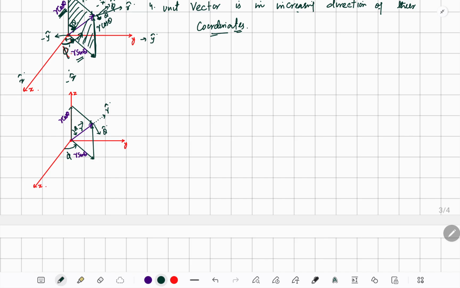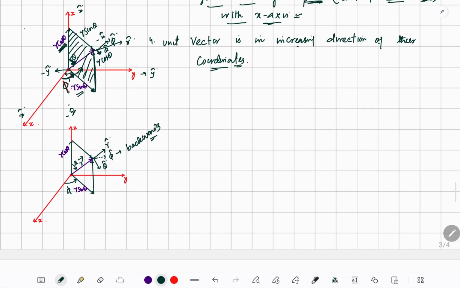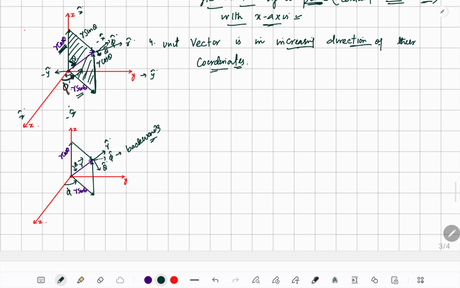So this is the phi cap direction, but remember, this phi cap is actually backwards. This is what I mean by unit vectors being in the increasing direction of their coordinates, and theta cap, r cap and phi cap are perpendicular to each other. I hope you understand this point.